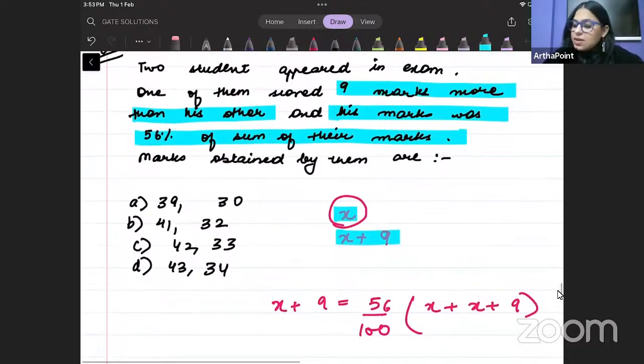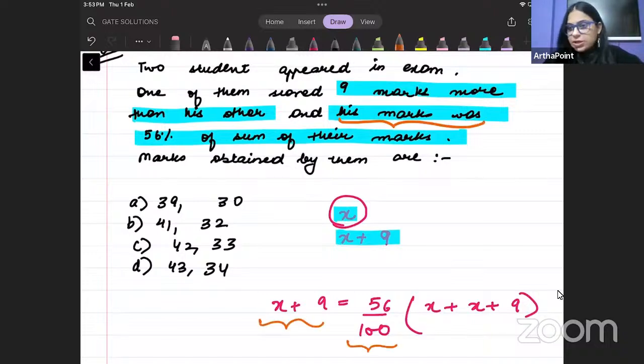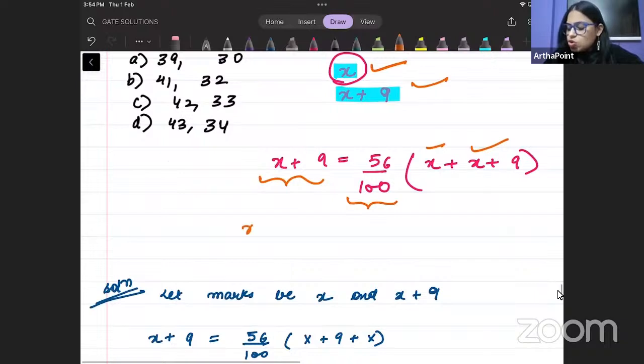And then it is saying that the marks scored by the second person is 56% of the sum of the marks. Just solve this equation. So you will get X plus 9 is equal to 0.56 into (2X plus 9).